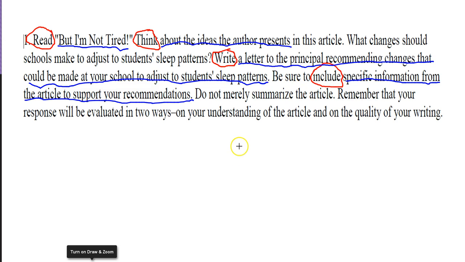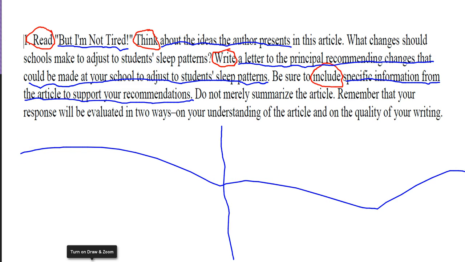Now what I need to do is make a T-chart, and a T-chart is simply like this. You make a T, a big T, and you write do over here. And you write what over here.